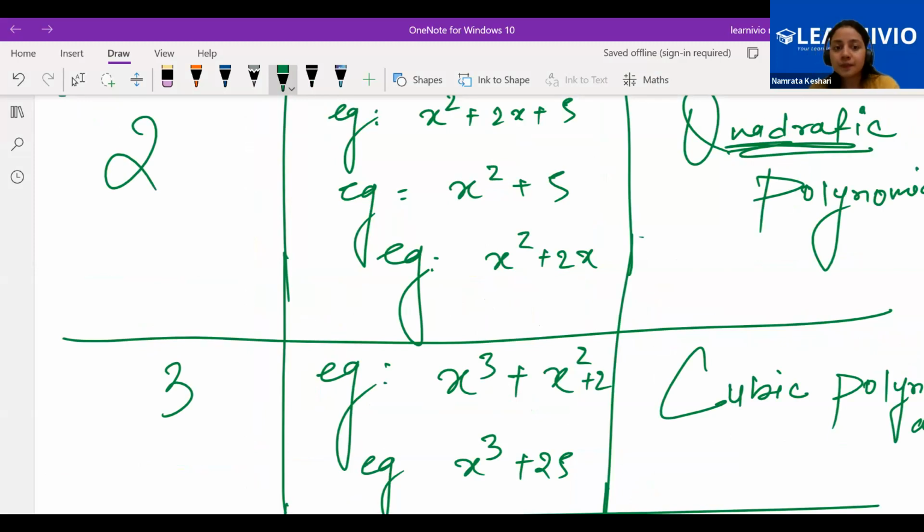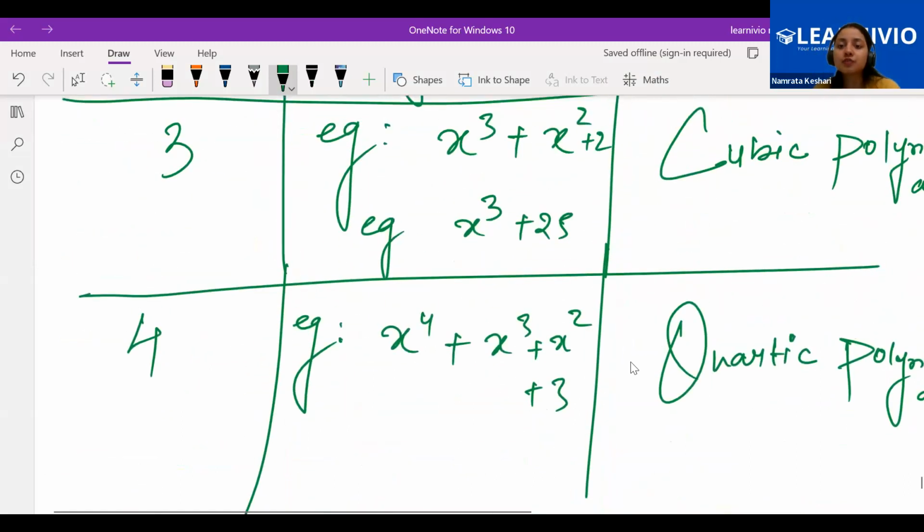Yes or no? So when the degree is 3, it's called cubic polynomial. And when the degree is 4, it's called quartic polynomial.